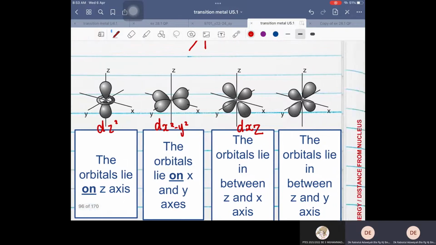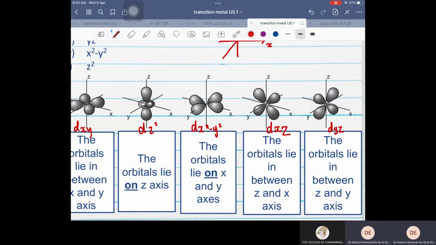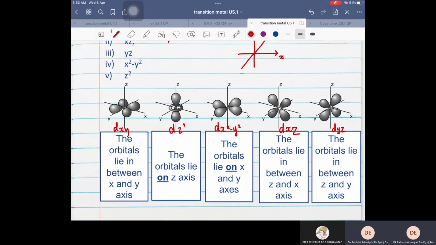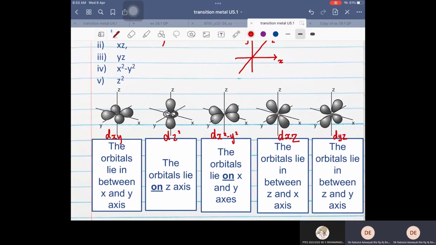And last diagram, last drawing, it is sitting between the y and the z axis. So we call it the dyz orbital. Okay? So when they don't have the power in the letter, that means they sit in between the mentioned axes. Okay? So you will label that.